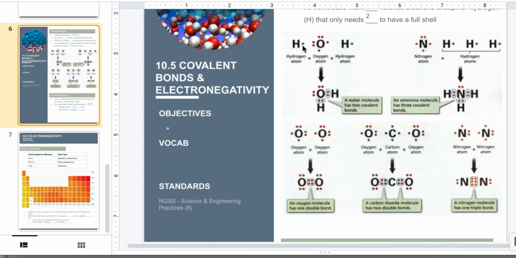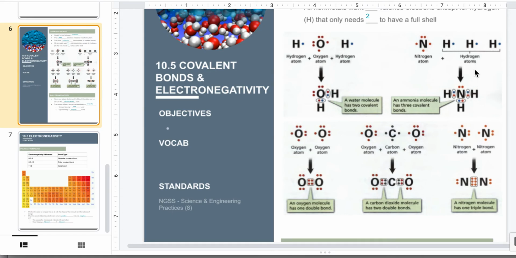These 2 electrons are going to pair up, and then this one and this one are going to pair up. So these 2 electrons are being shared between the oxygen and this hydrogen, and these 2 electrons are being shared between the oxygen and the other hydrogen. The water molecule actually has 2 single covalent bonds. One pair equals 1 covalent bond.